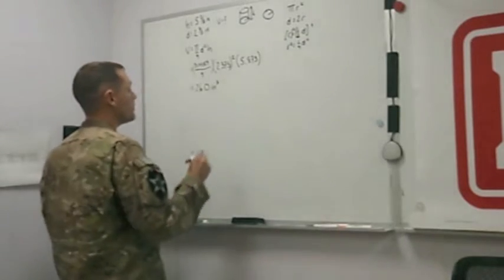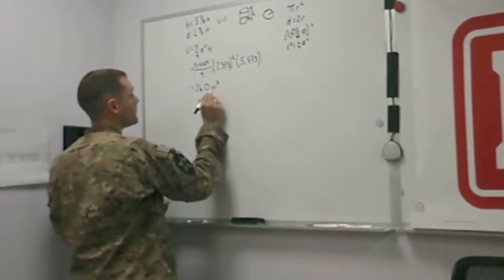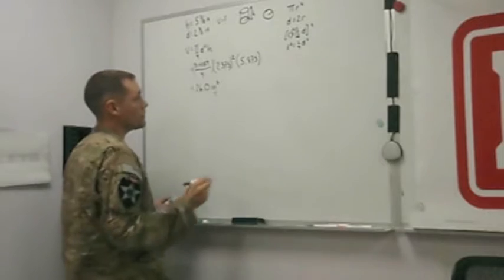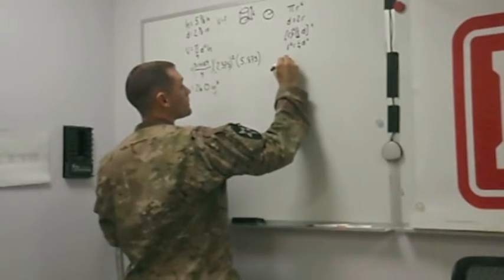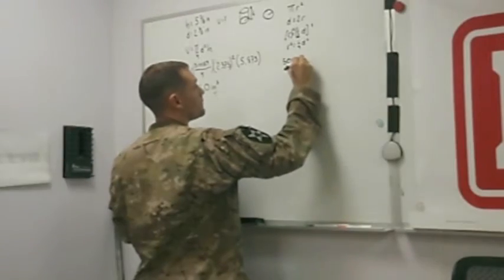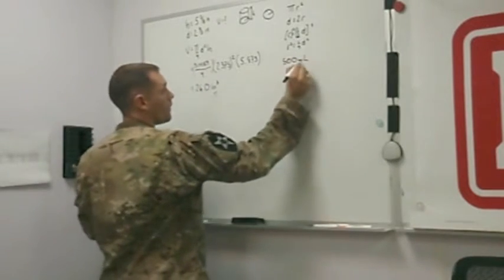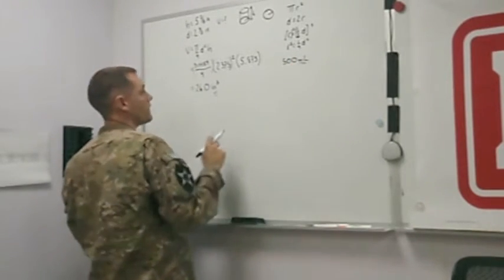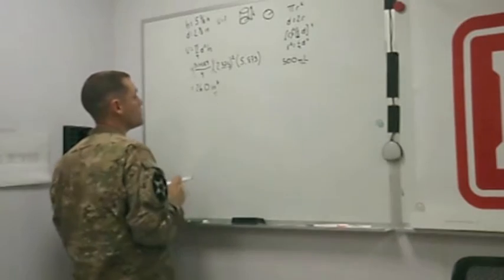But now here's the problem. This number that we just calculated is in inches cubed. We know that the bottles are 500 milliliters. So now we've got a full bottle is 500 milliliters. The one we just measured is 260.